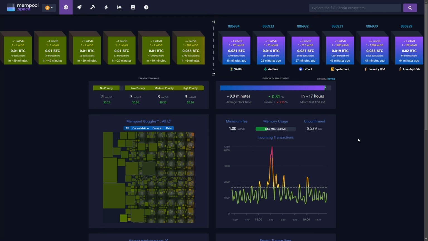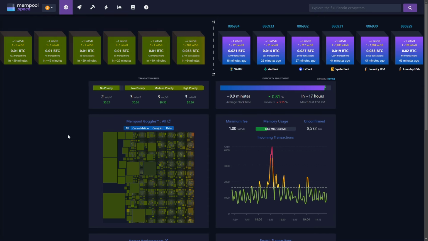Okay. Let's go to the next section, which is transaction fees. This is where you can see how much fees you'll have to pay if you want to get your transaction in the next block.